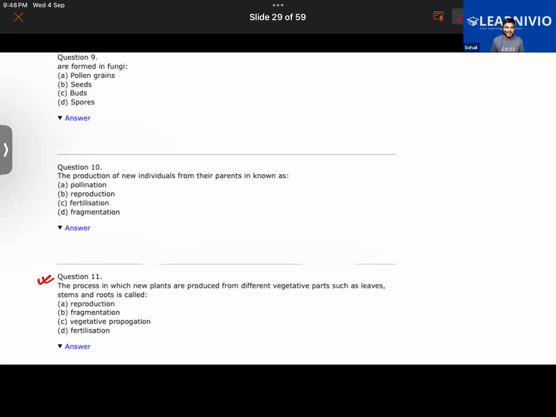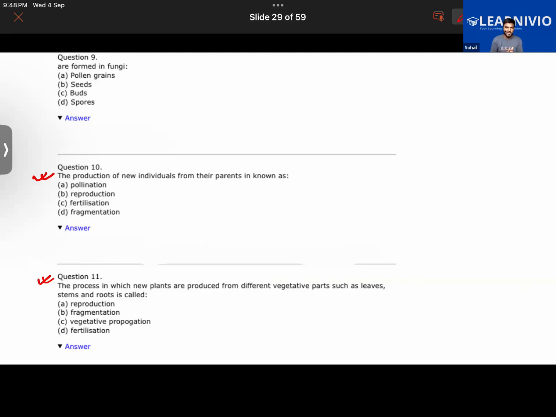Okay, question number 10. Meanwhile, answer this one also. The production of new individuals from their parent is known as what? Go through the options. When new individuals are produced from the parents, is it pollination, reproduction, fertilization, or fragmentation?